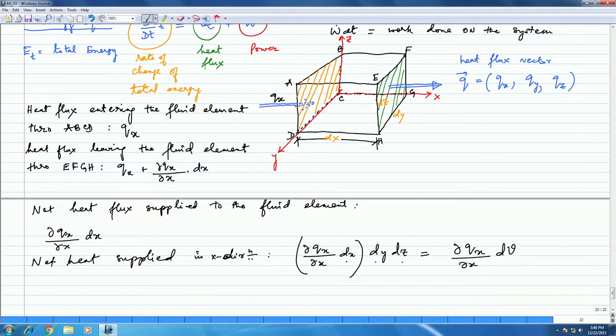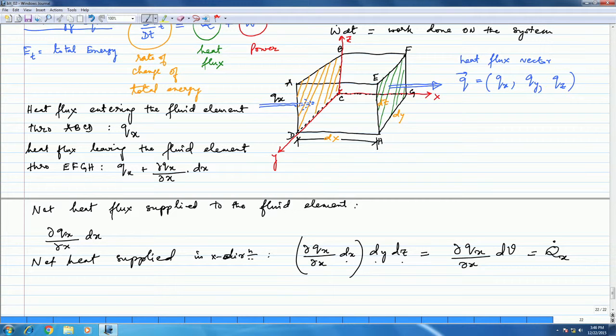Right, and so let's call this Qx, okay. Now when I say that heat is being supplied to the system, even there, we are missing a sign somewhere here, right?